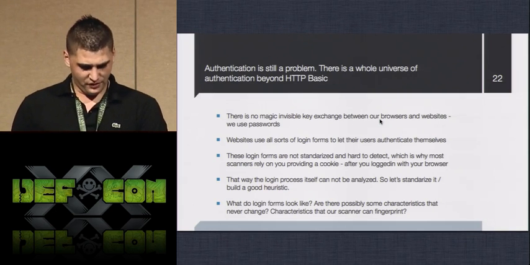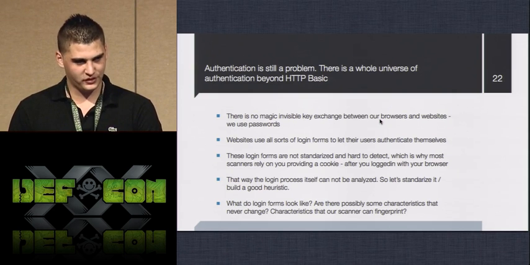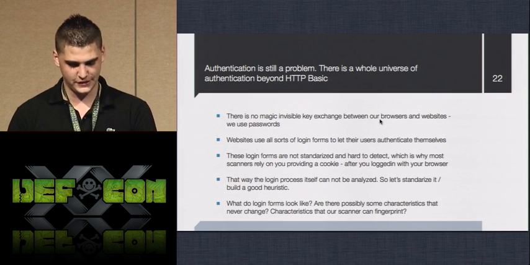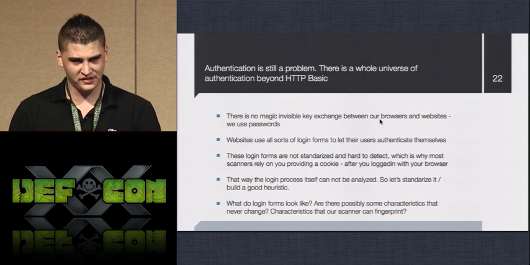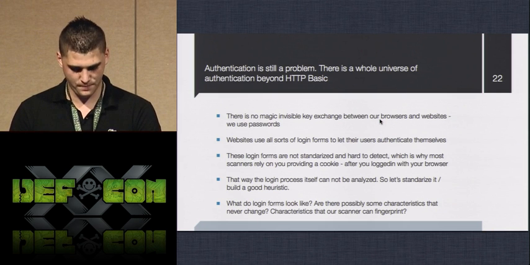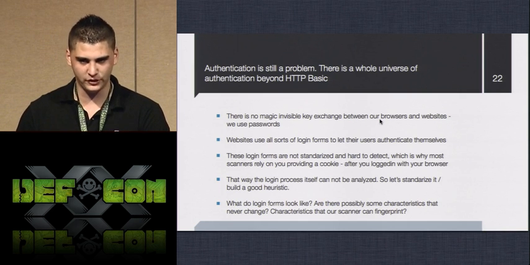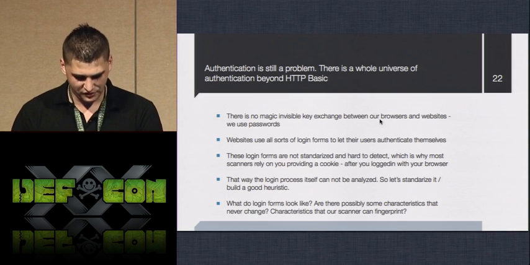So the second and probably more interesting part of that talk is not about simply putting a browser engine into Python scripting, but it's about authentication. The authentication process that I implemented is still relying on the browser engine and still relying on the rendering and JavaScript execution, but it solves a different problem.